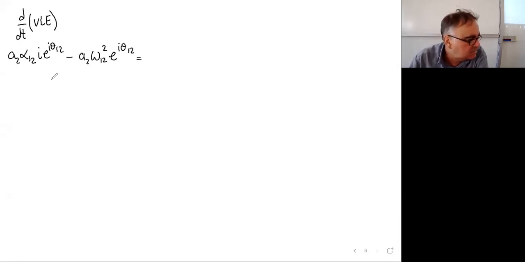That's the acceleration of A3 actually, as we know. We had S43 double dot e to the I theta 1,4.